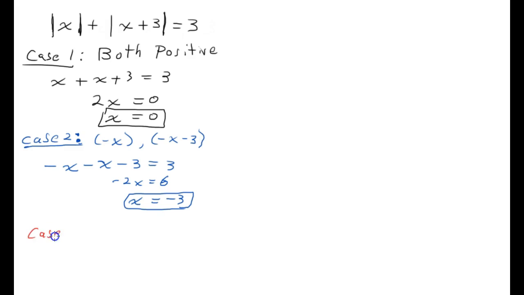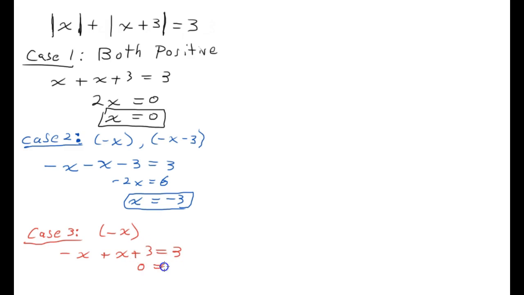Case 3. And in case 3, let's just set this expression the opposite sign. So just negative x. So negative x plus x plus 3 equals 3. Well, the x's will cancel out, and if we add a negative 3 to each side, the 3's cancel out.